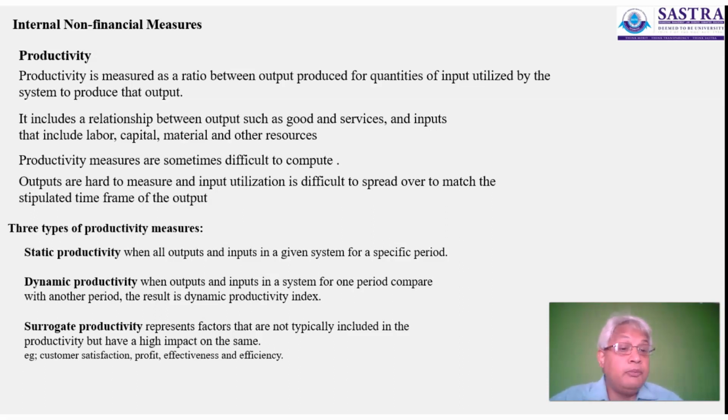Now, the third part is surrogate productivity. This is not actually a formula, but it represents those factors which are not directly included in productivity, but definitely have an impact on it. That is why we call them surrogate productivity. Customer satisfaction has an impact on productivity. Yes, definitely. How? Because a satisfied customer will make repeat purchases.